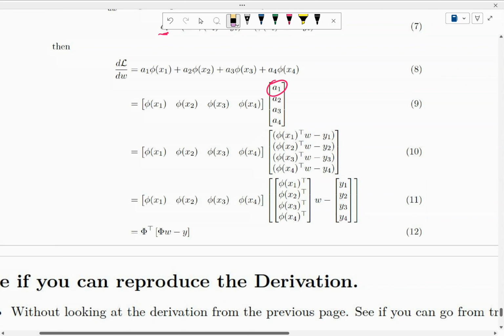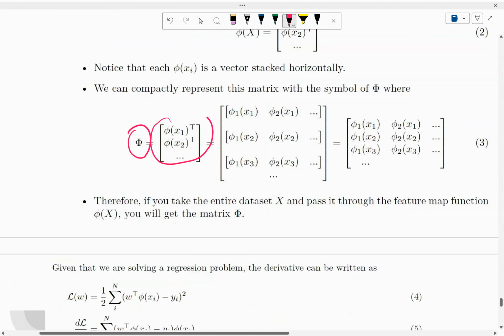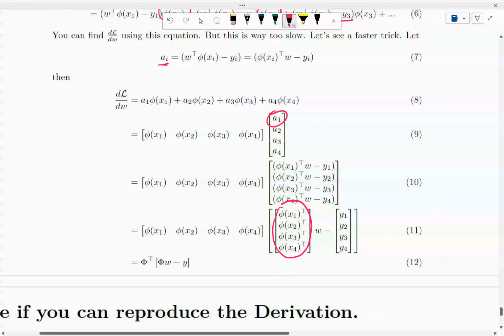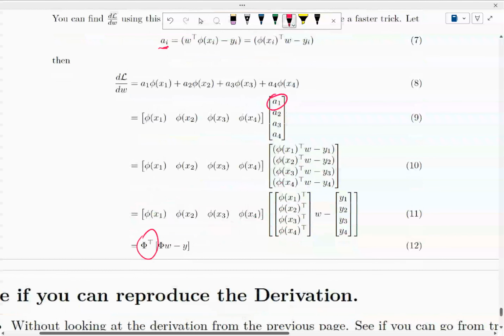Now, I just showed you previously how I define phi, which is phi x1, phi x2. So notice what we end up with here is simply phi, and this is phi transpose. This is how we got phi transpose phi times w, and we're just going to call this entire vector y.